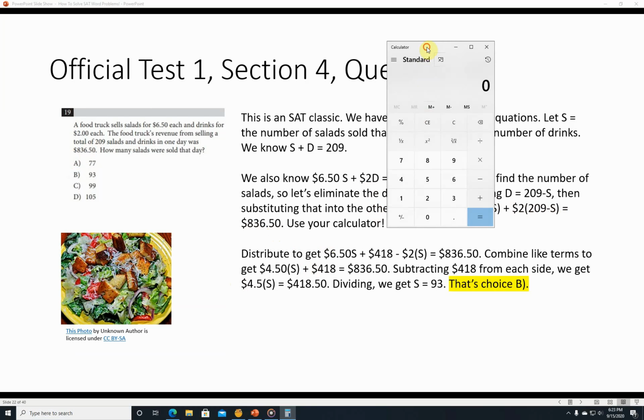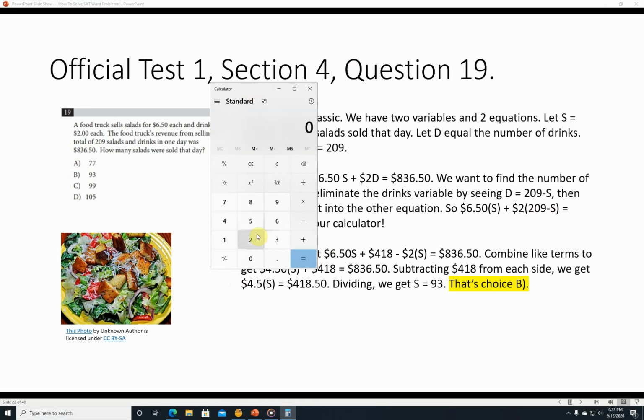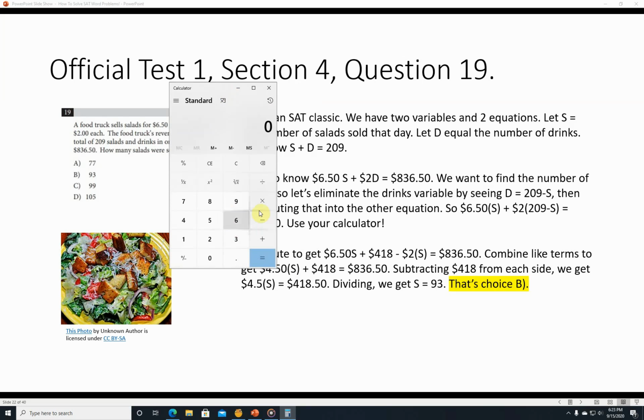Okay, so we know that 6.50S minus 2S, so we're going to get 4.50S, and then we know that 2 times 209 is 418.